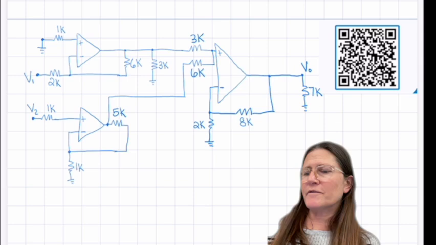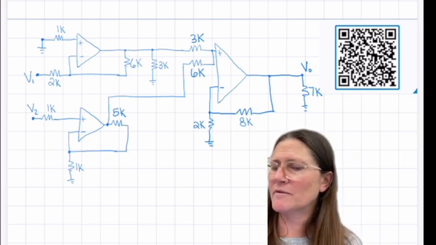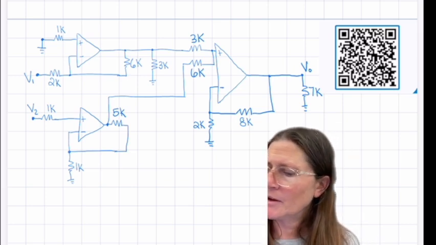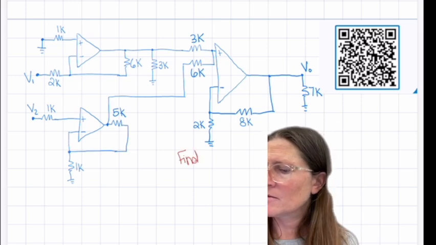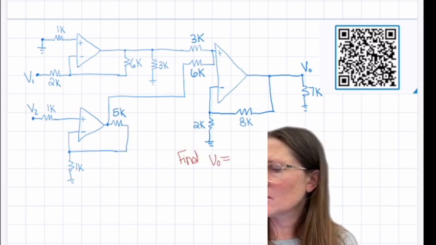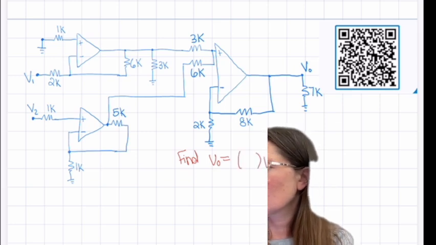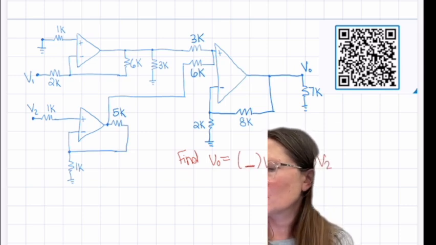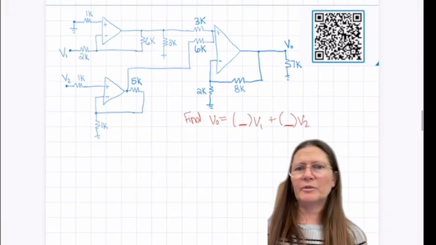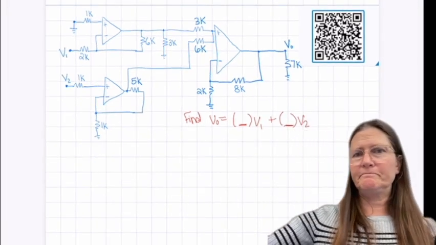So trying to find V out in terms of V1 and V2. So finding those values that will be there.